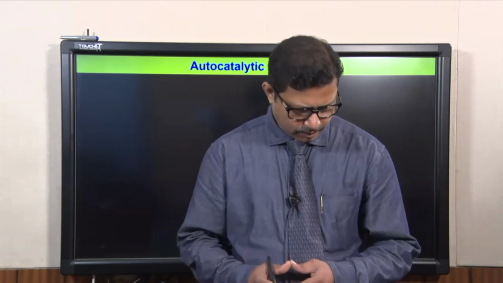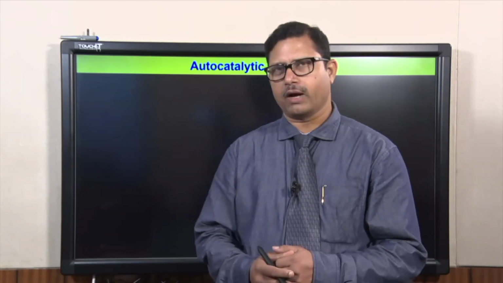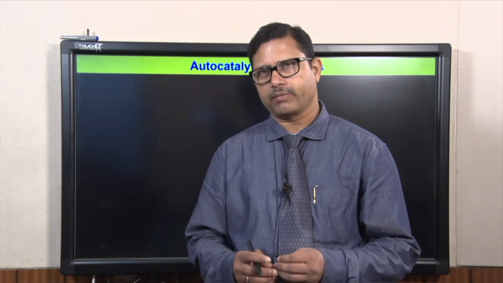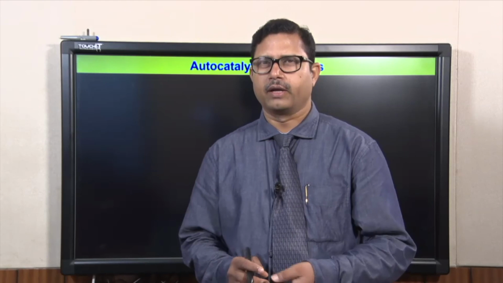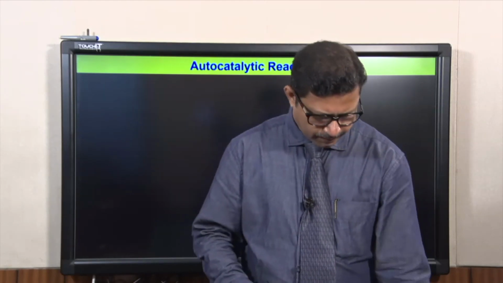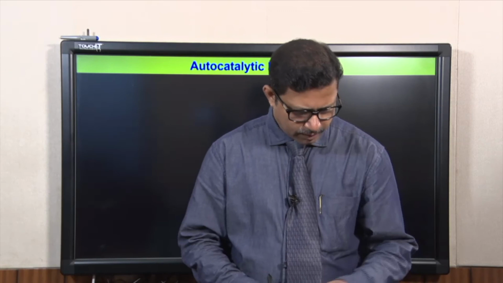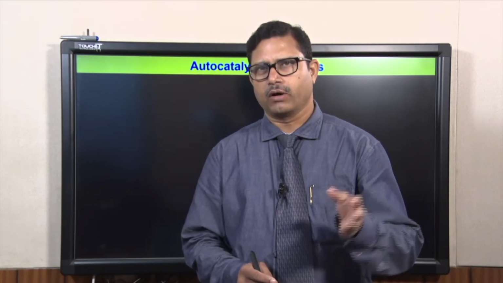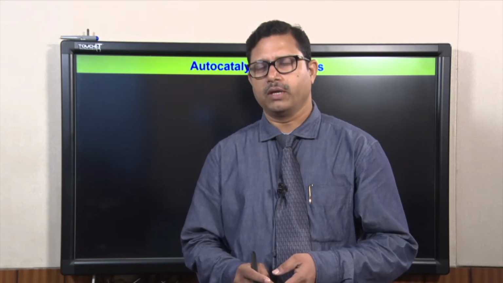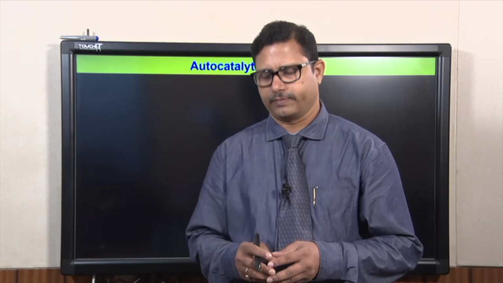So, now we will discuss autocatalytic reaction. As we have seen, for any positive order reaction, for batch reactor, as the reaction proceeds, the concentration drops and the reaction rate decreases. So, the rate decreases progressively as the reactant concentration is decreased.